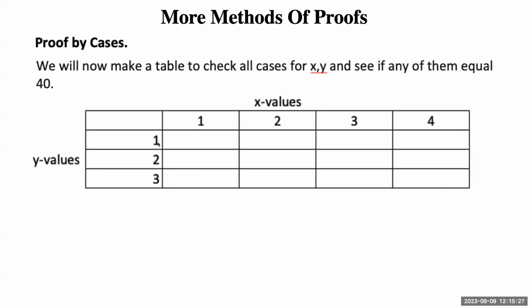So if I plug 1 in for y and 1 in for x, then 2x squared plus 3y squared is 5. Okay. If I plug 1 in for y and 2 in for x, I get 11. Plug 1 in for y and 3 in for x, 21. Plug in 1 for y, 4 for x, 35.